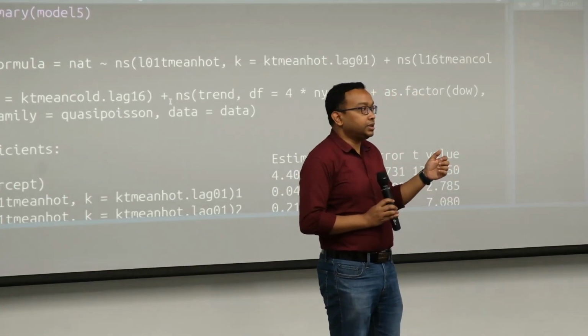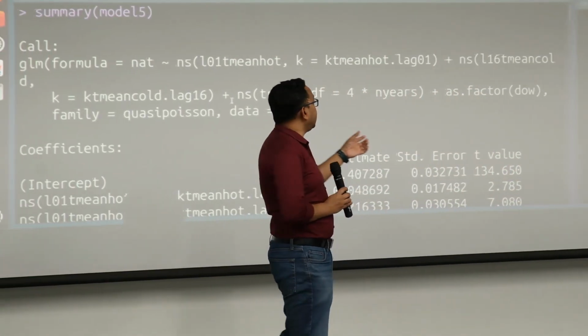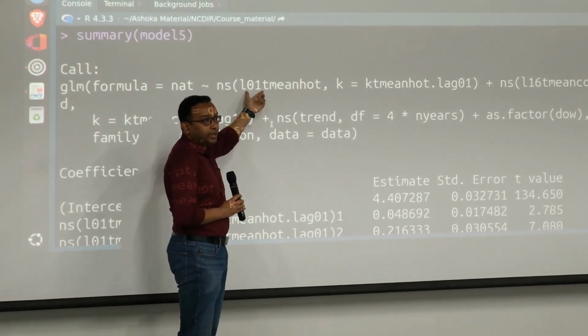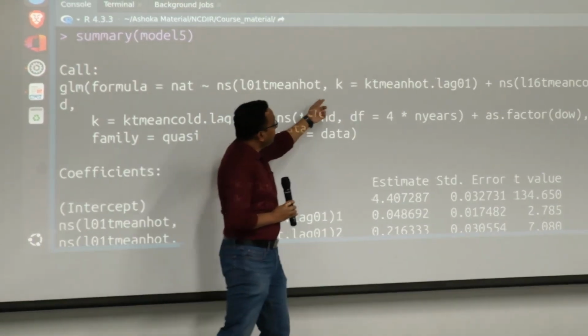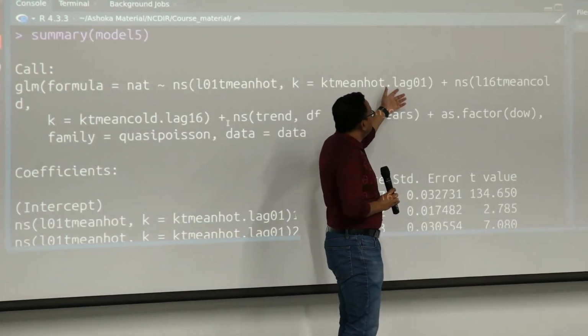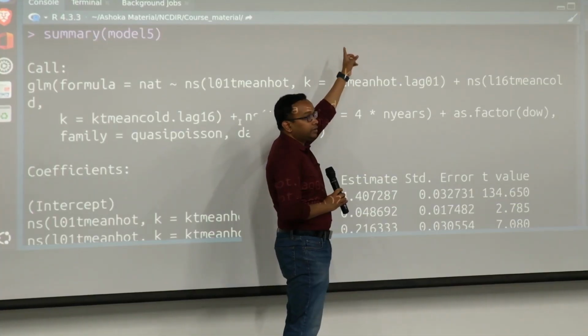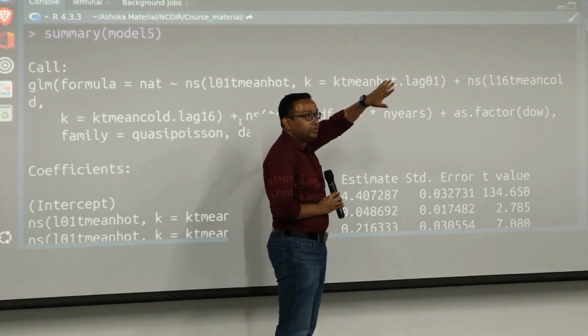So the average temperature today and yesterday, I am using that as a confounder. L01 is lag 0, lag 1, average of that. And this number of degrees of freedom is something that we have calculated earlier. When you go through the code, you will see where it is calculated.